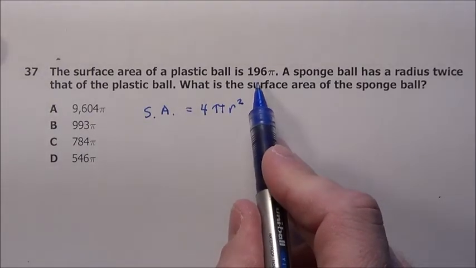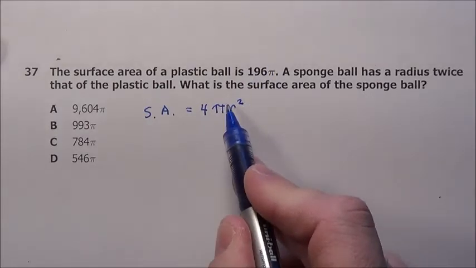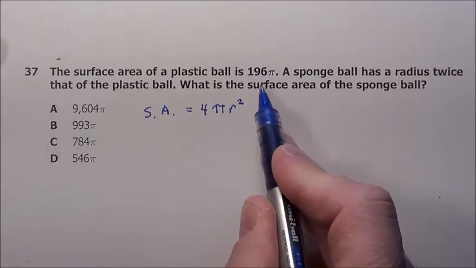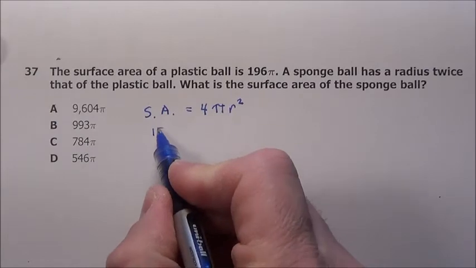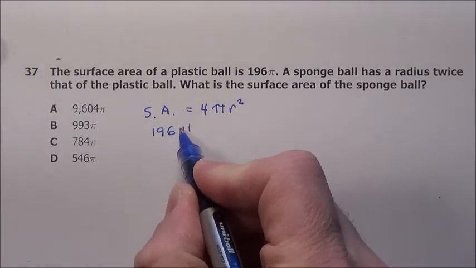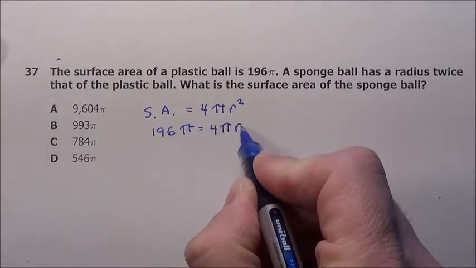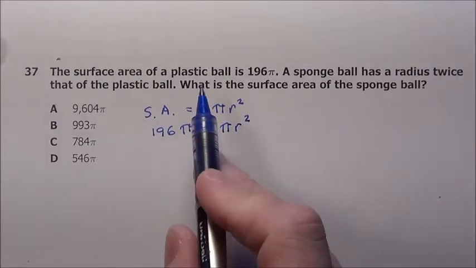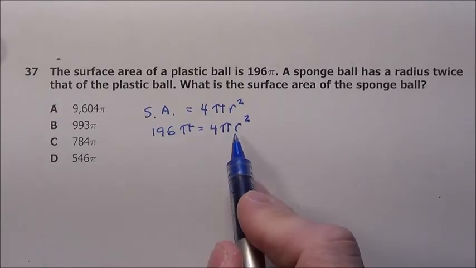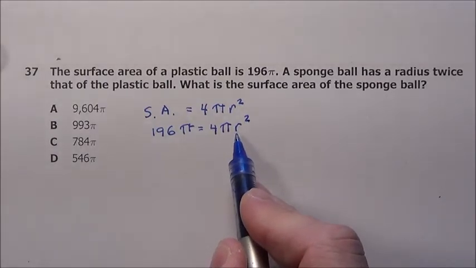Now it already tells us that 4 times pi times the radius squared gives you 196 pi. So I know 196 pi is equal to 4 times pi times the plastic ball's radius squared. R is the only unknown here. I can get R by itself.